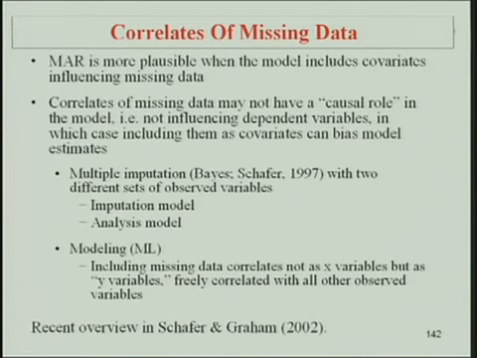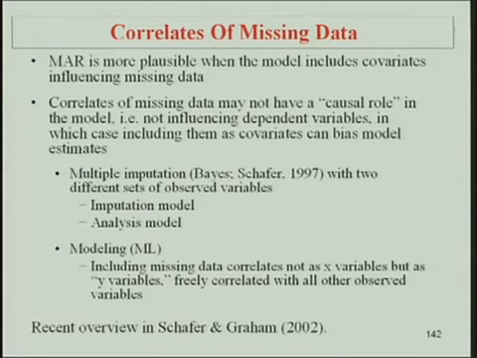But you can include these missing data correlates not as X variables, not as covariates, but as Y variables, which are freely correlated with all other observed variables in the model. So if you include these missing data correlates that have no causal role in the model as y variables freely correlated with all observed variables, you're doing fine. You're doing essentially the same thing as the multiple imputation approach.